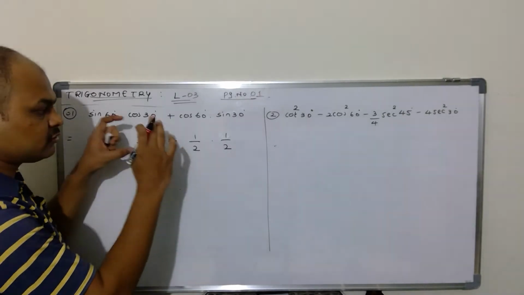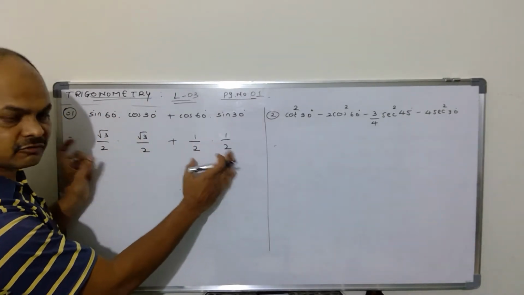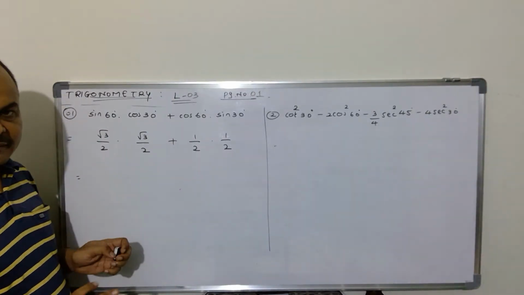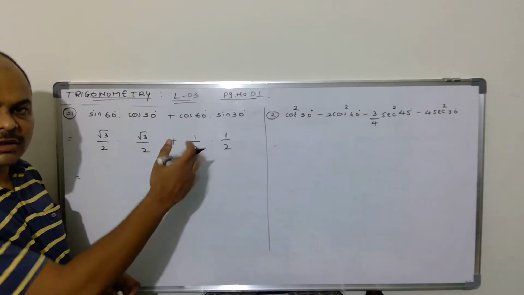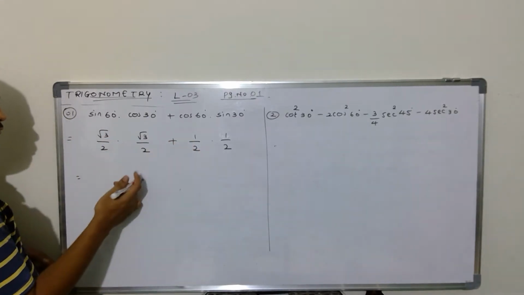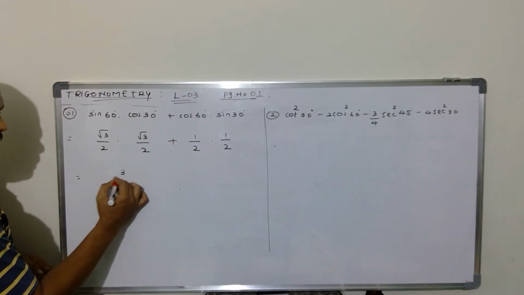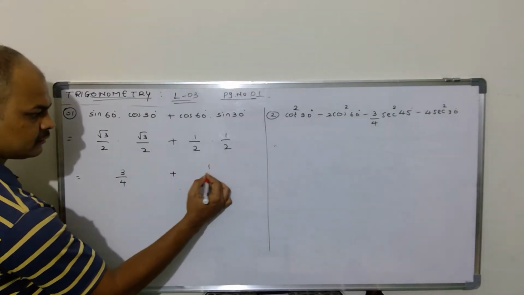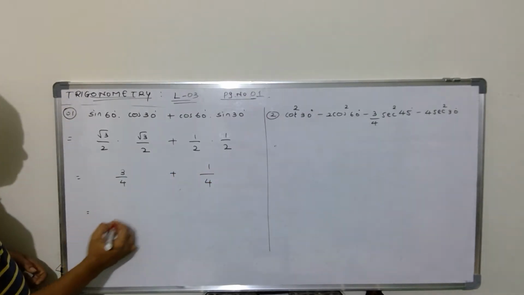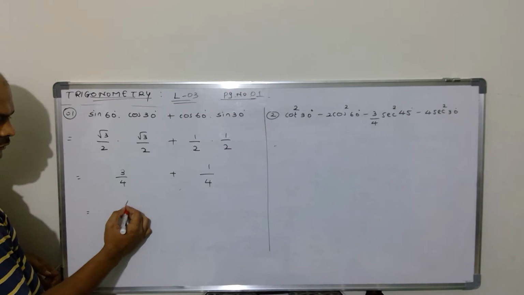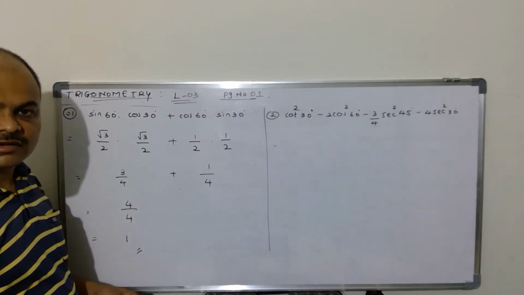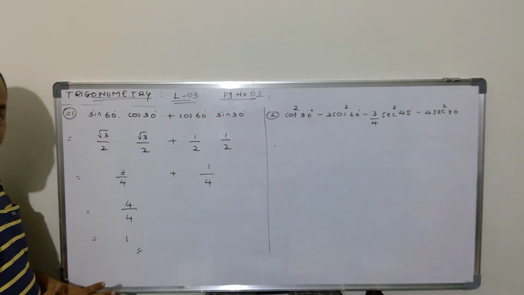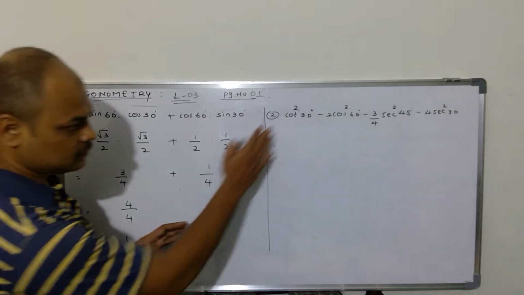The job of the table is over once you get these values. After that it is normal maths, that is LCM, multiplication, addition, subtraction, whatever it is, just go for that normal process. So root 3 by 2 whole square is 3 by 4, plus 1 by 4. On simplification, 3 plus 1 is 4 by 4. Answer is 1. Isn't it that easy? Simple. We go for the next one now.